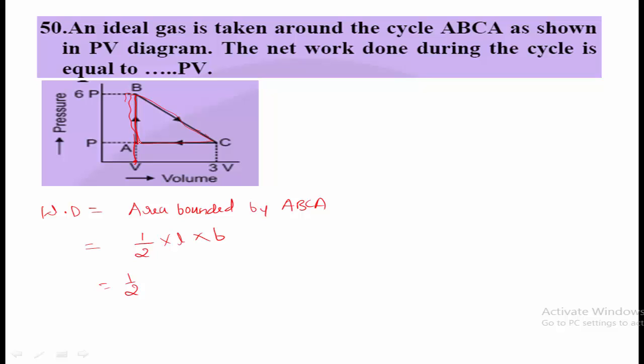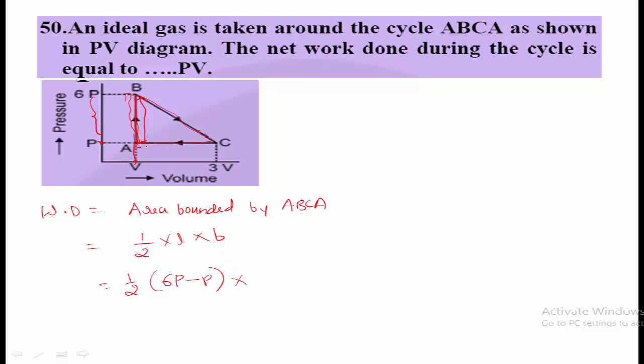But I need the pressure as the distance from B to A. It is the total pressure, but I need this pressure only. So up to this, how much pressure is there? P. So just subtract the P from 6P. You will get the pressure, that is the length.